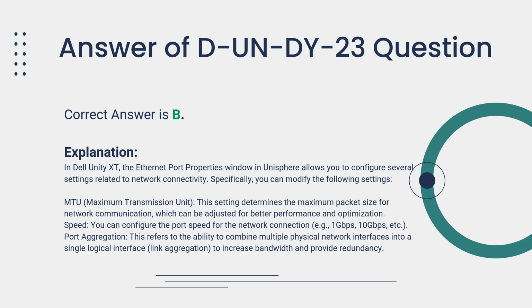Speed: you can configure the port speed for the network connection, e.g., 1 gigabit per second, 10 gigabits per second, etc. Port aggregation: this refers to the ability to combine multiple physical network interfaces into a single logical interface, link aggregation, to increase bandwidth and provide redundancy.